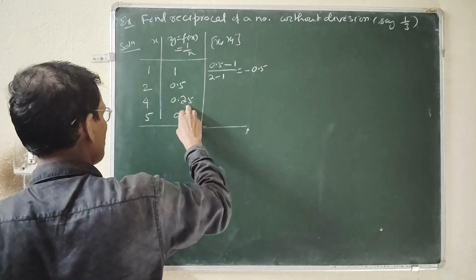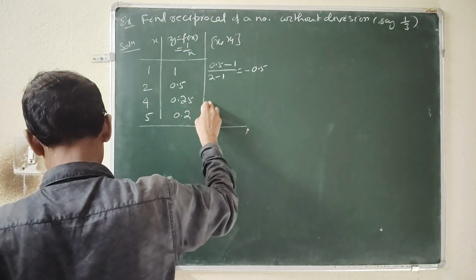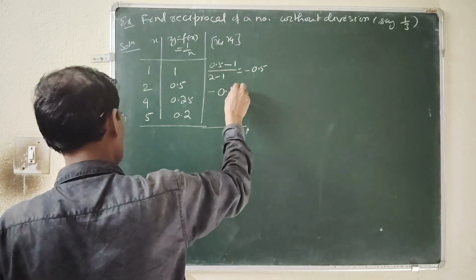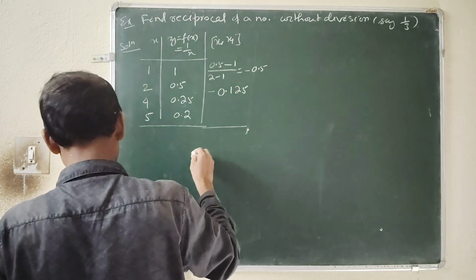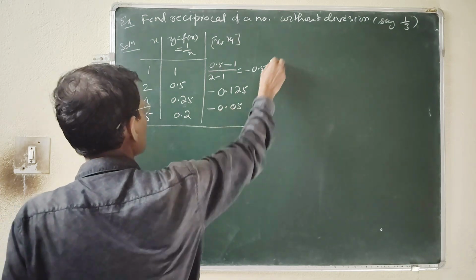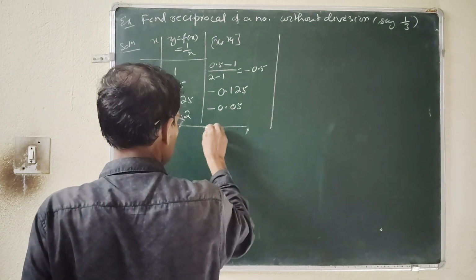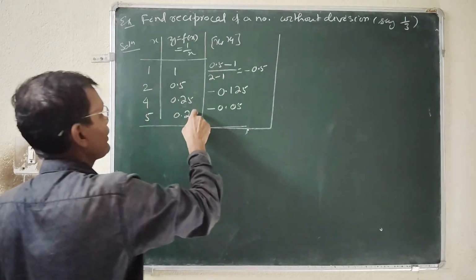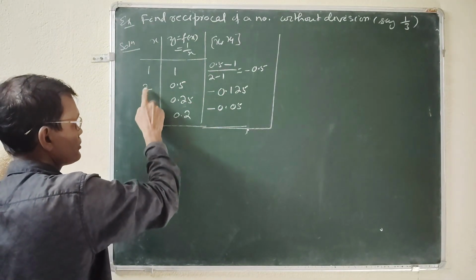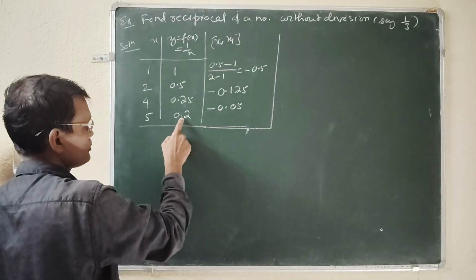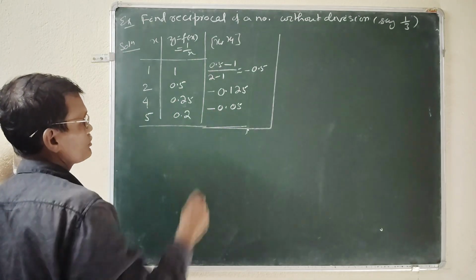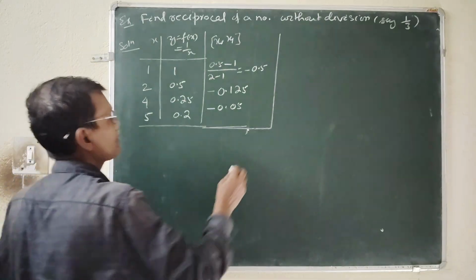Similarly, for 2 and 4, (0.25 minus 0.5) by (4 minus 2) gives minus 0.125. And for the last, minus 0.05. In the previous problem we discussed how to find this divided difference: this minus this, by this minus this. Similarly, minus 0.05 is (0.2 minus 0.25) by (5 minus 4). This is the first order divided difference.